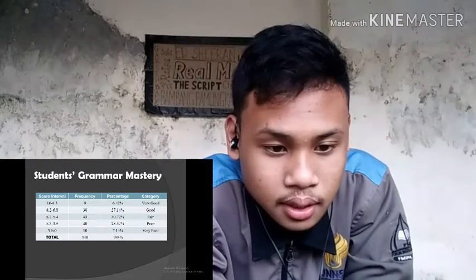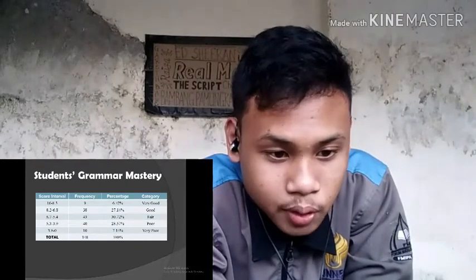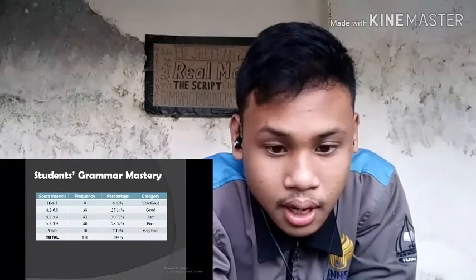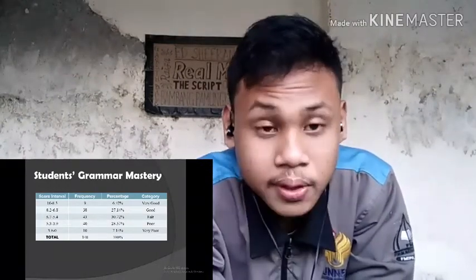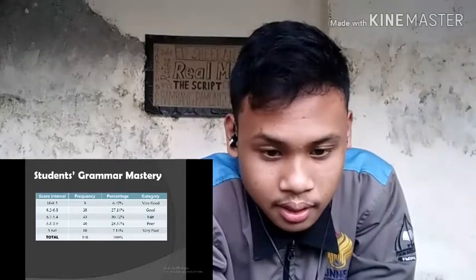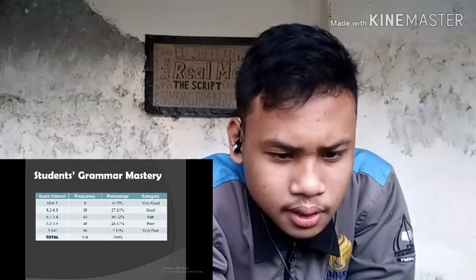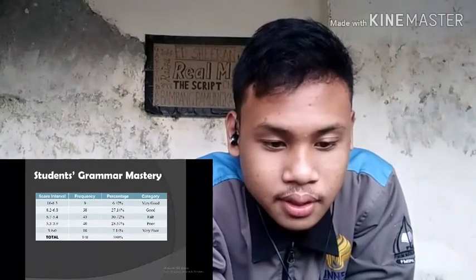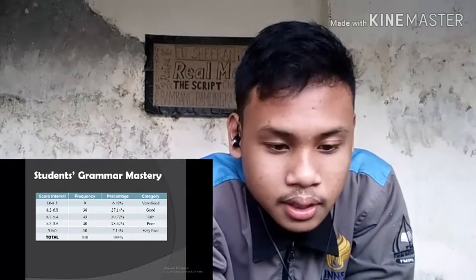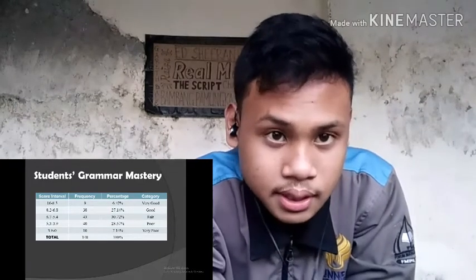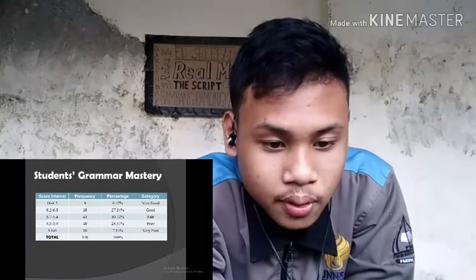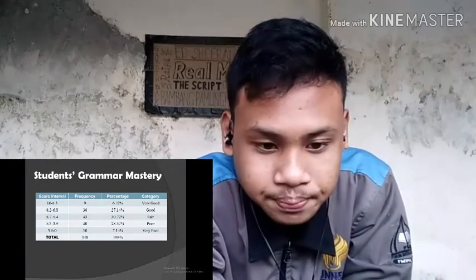We can see that most students are in the fair category, and the lowest percentage is 7.40%, with the highest being 30.72%. Let's go to the next slide.